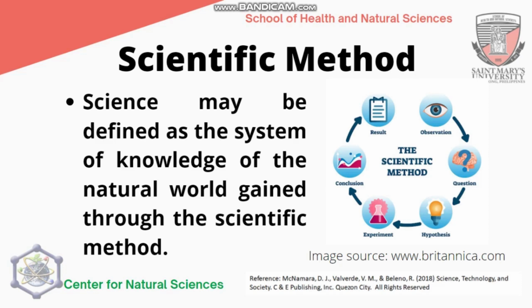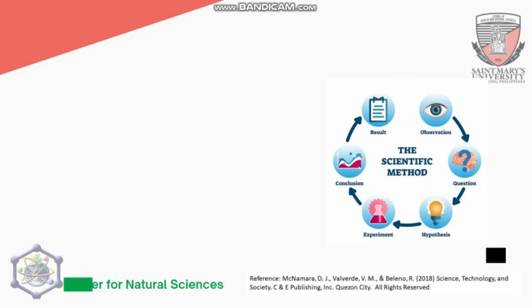It starts with observation, asking questions or seeking problems, making of your hypothesis, conducting of experiment, and having your conclusion and your results. So basically, it is research oriented, experimentally oriented.